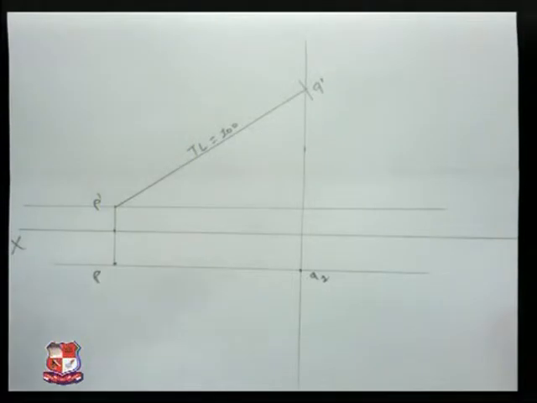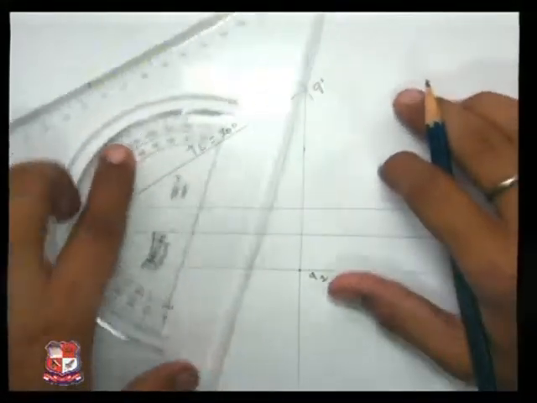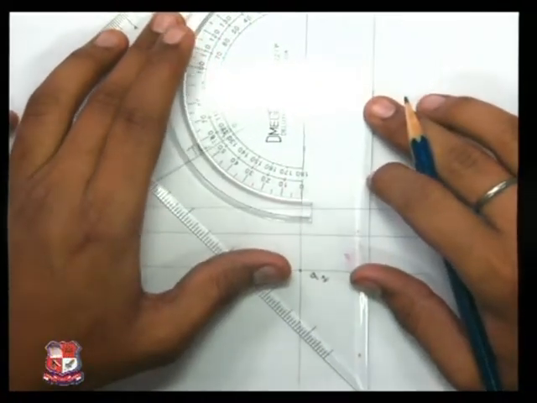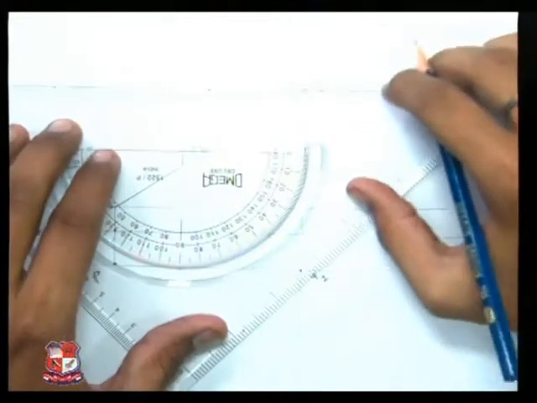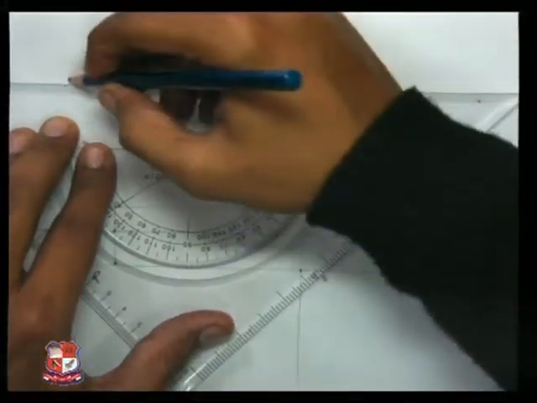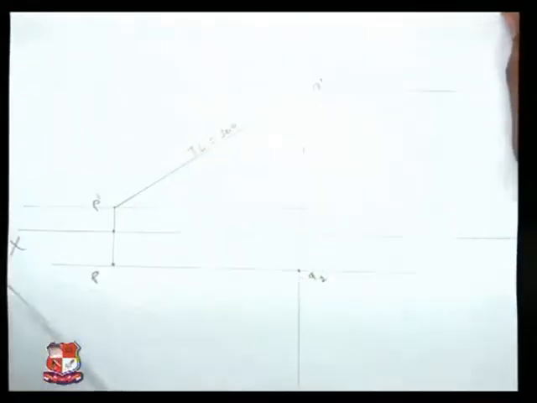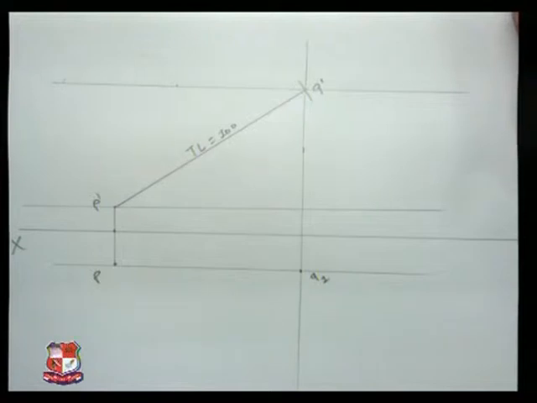Again draw a parallel line to the XY line from this Q dash point.